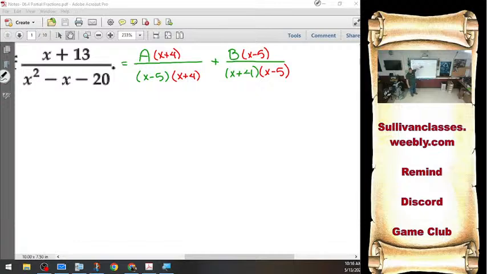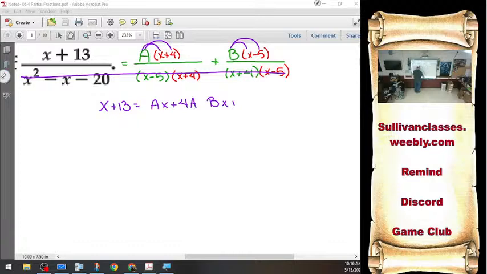What happens when I multiply all of it by x squared minus x minus 20? Bye-bye. So, womp womp, it doesn't just disappear. If you multiply by that, it will cancel.